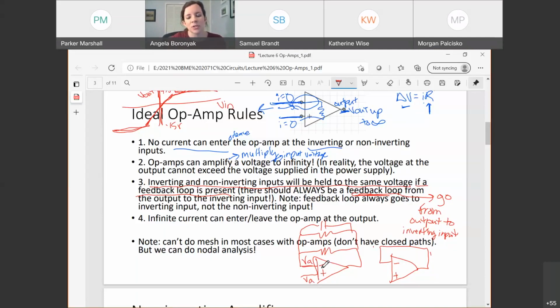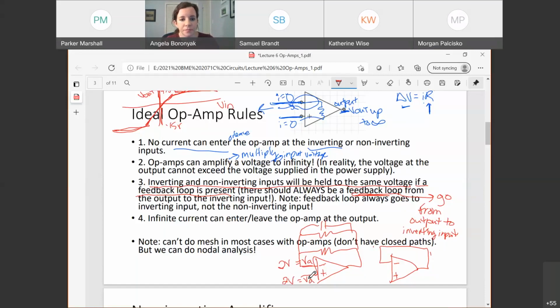But in real life, you don't actually care which one is inverting or not inverting a lot of the time. They'll have the same voltage. So if VA here is 2 volts, then this is also 2 volts at my non-inverting input. It's not negative 2 volts or plus. That's very powerful because it means if you know the voltage at one input, then you automatically know the voltage at the other.